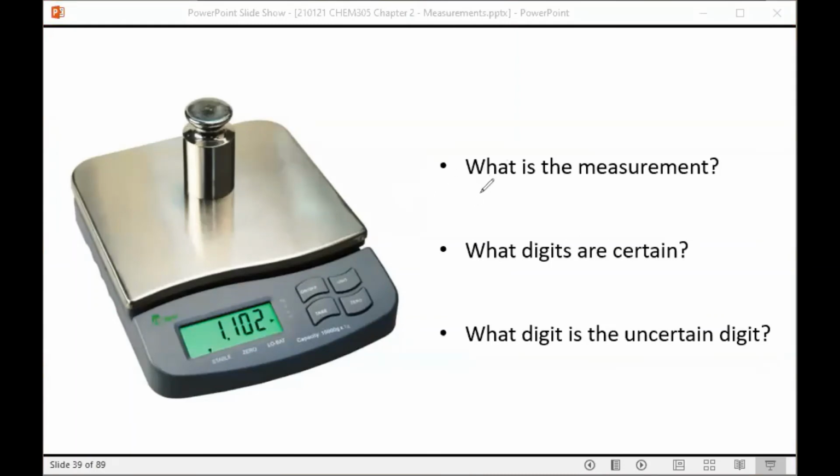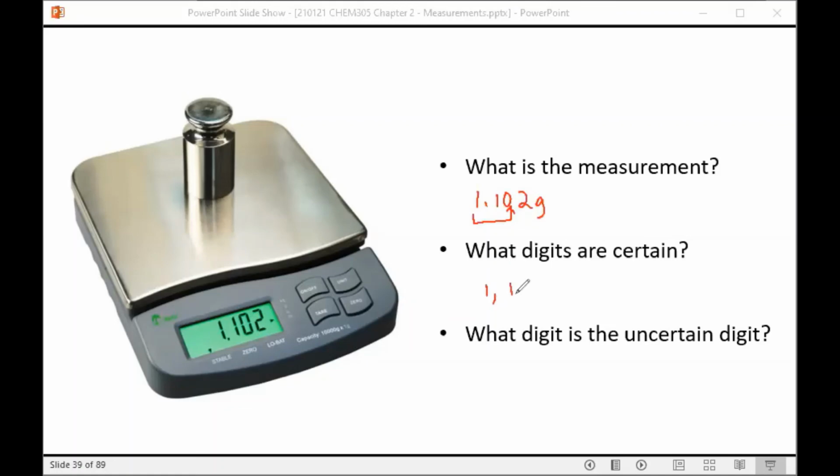So our measurement, you write down all the digits on the scale. So 1.102 grams. Even if this last number was a 0, you'd still write it down, 1.100 grams. You don't want to accidentally drop off these zeros if your last digit is a 0. In this case, it's not, but I always like to point that out. Okay, so our measurement is 1.102. What digits are certain? So all the digits up to the last one are going to be certain.